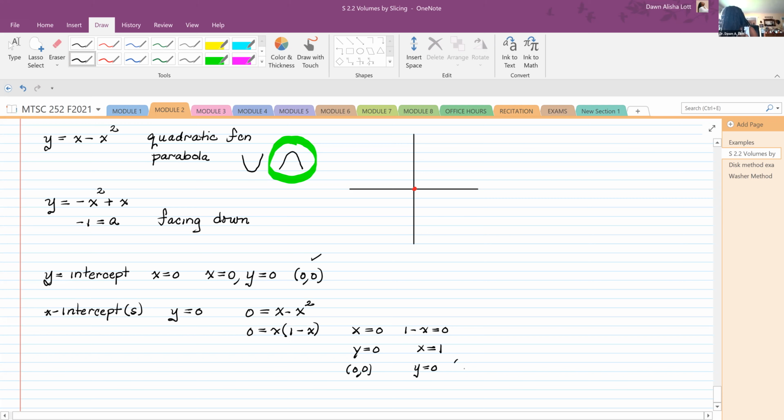So we get the point 1, 0. So now I have this point, and I know that my parabola goes through that point and it can't be going up, so it has to go down. So therefore, the region that it's talking about looks like this. Okay, so we can use all of that to help us find our curve.